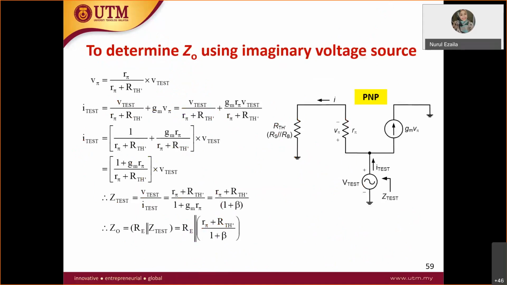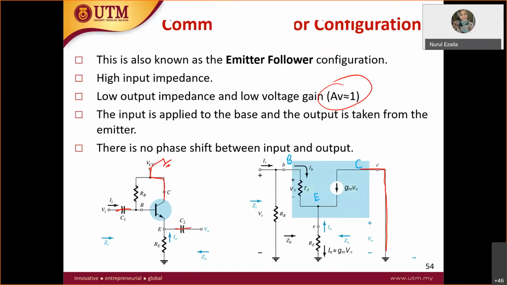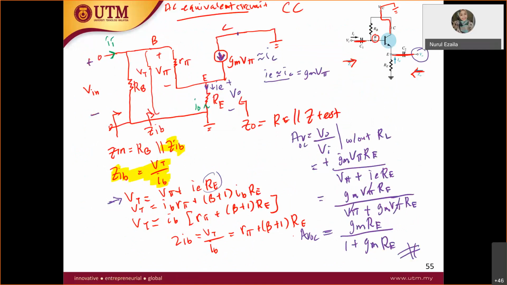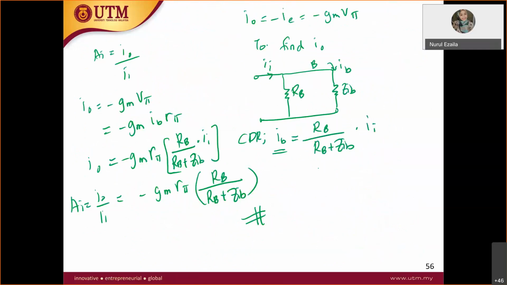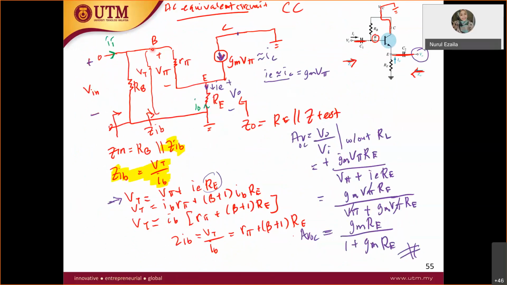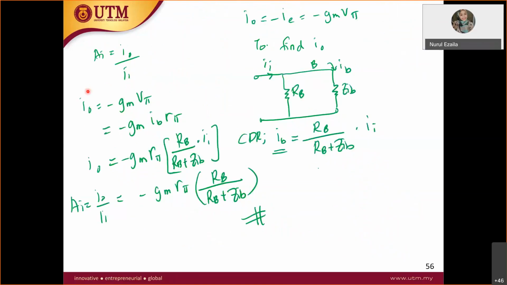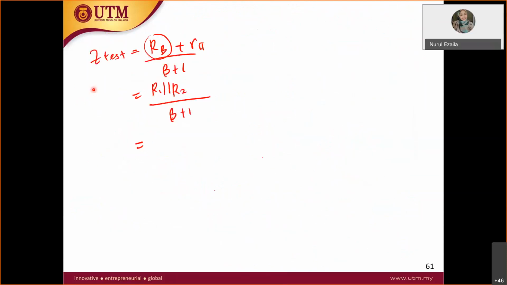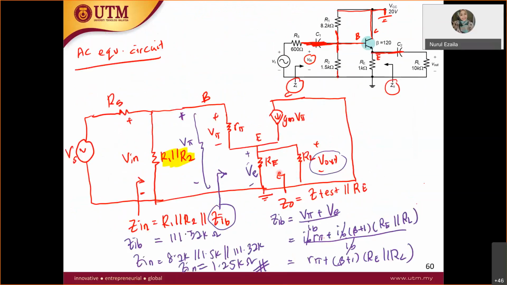In order to do the Z test, in this case you have only RB at the base, because of this circuit, and you have no voltage source over here. When you inject the imaginary voltage, this voltage source is shorted, because we just want to use the V test.